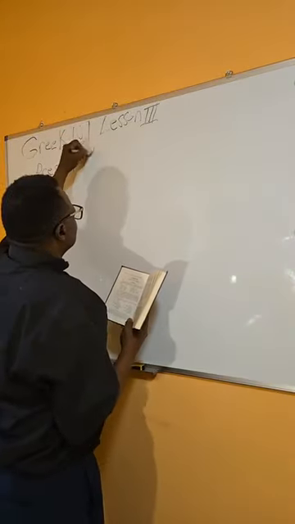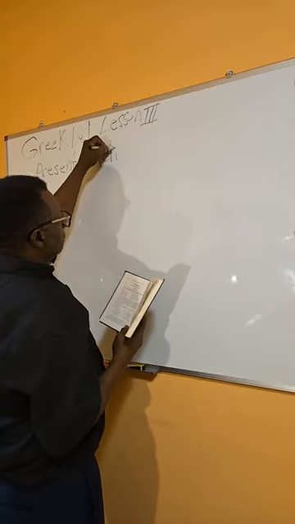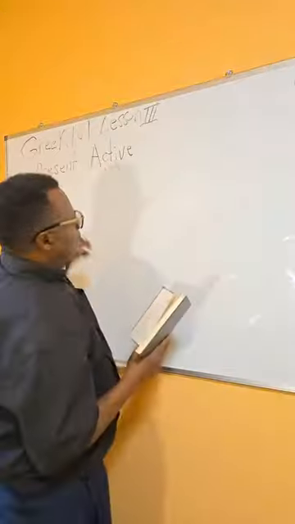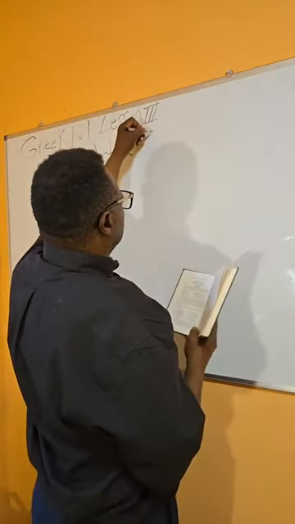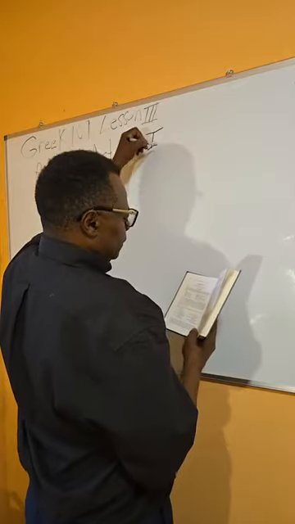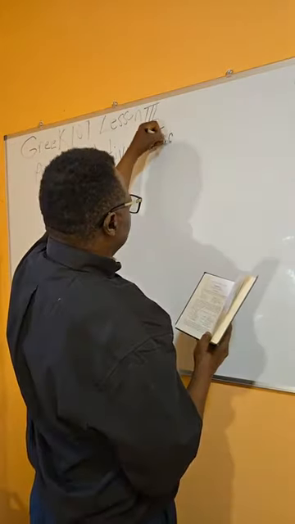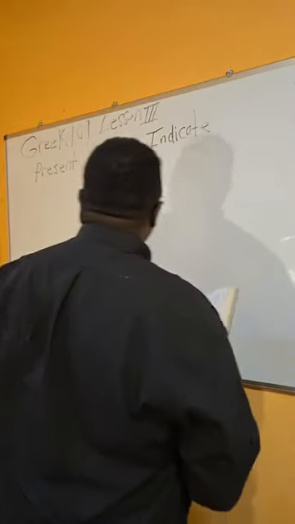Active. That's voice, active voice. In Greek, you have the active voice, the passive voice, and you also have the middle voice. Present active indicative. Okay, that's the mode, indicative mode. You will learn what all this means if you're not familiar with it already in English.